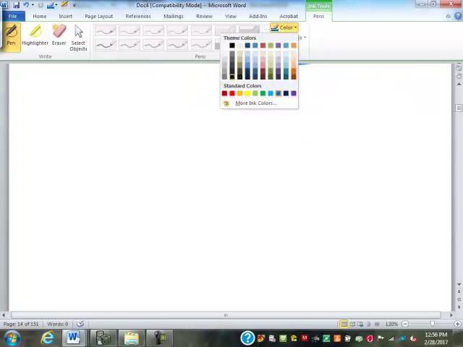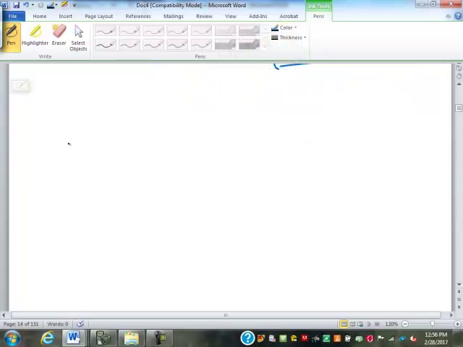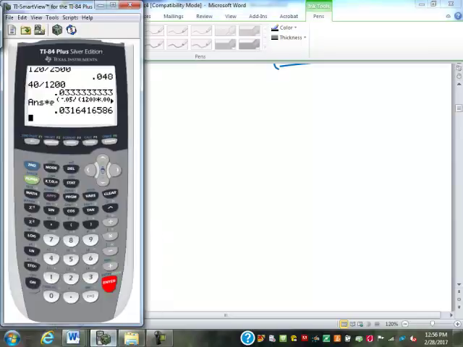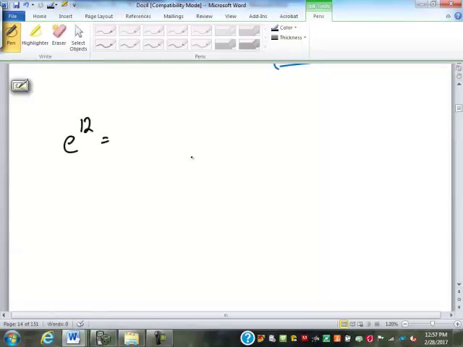Since we saw that e there, how about just something as simple as e to the power of 12? How would you do that on your calculator? Yep. It's just that simple. Now you can see that gets really big pretty fast. That's 162,754.79. I'm not going to write that out.